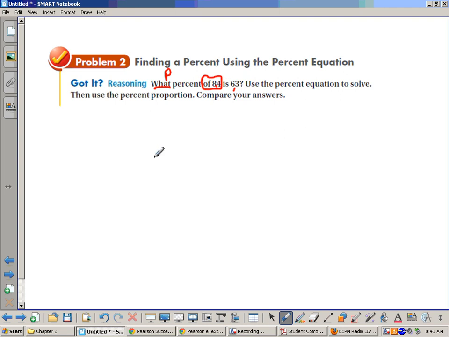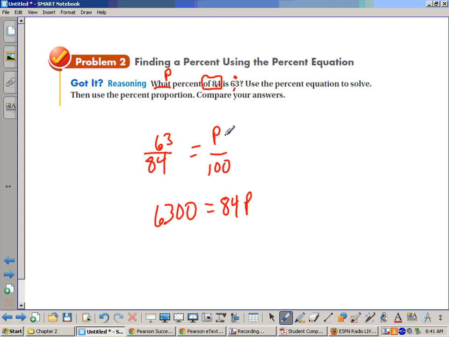So 84 goes on the bottom, the top number is always the is part, so here's your top, 63, and then P, which we don't know, will go over 100. We just cross multiply: 63 times 100 is 6,300, and 84 times P. Then we divide 6,300 by 84 to get P equals 75.